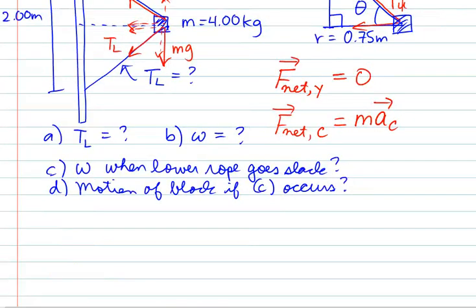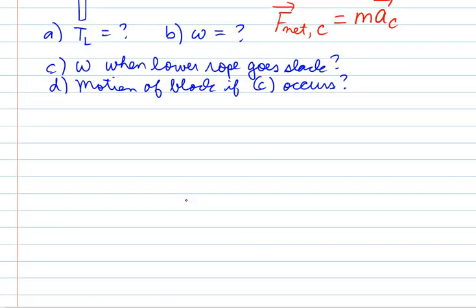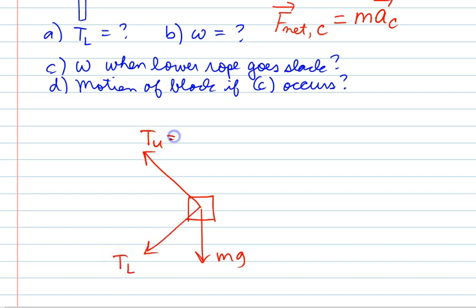Okay, so let's just draw forces a little bit more clearly. We have gravity, and we have T upper and T lower. We're given T upper is 80, and so if we decompose that, I'll do that in purple.